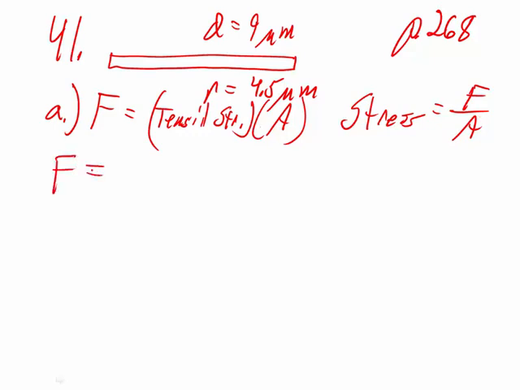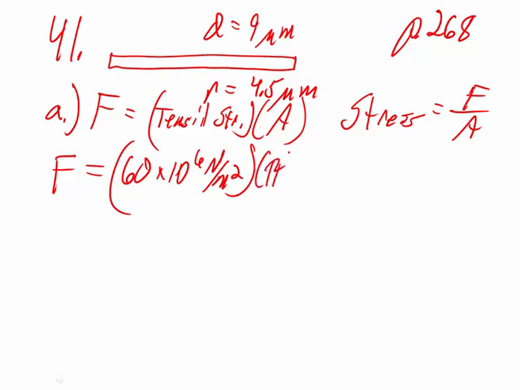F, the tensile strength of the optical fiber, is equal to 60 times 10 to the 6 newtons per meter squared, which is on that page I told you about. And then the area is pi times 4.5 times 10 to the negative 6 meters squared. And so then the force is what? Well, let's do the math.